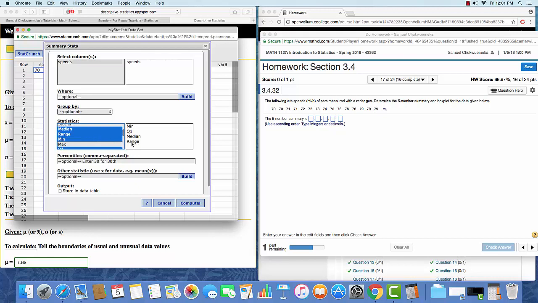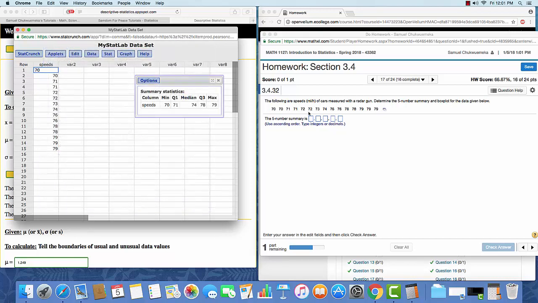Okay, I've made a mistake here, so I'll just start again. Minimum, first quartile, median or second quartile, third quartile, and the maximum. Compute.